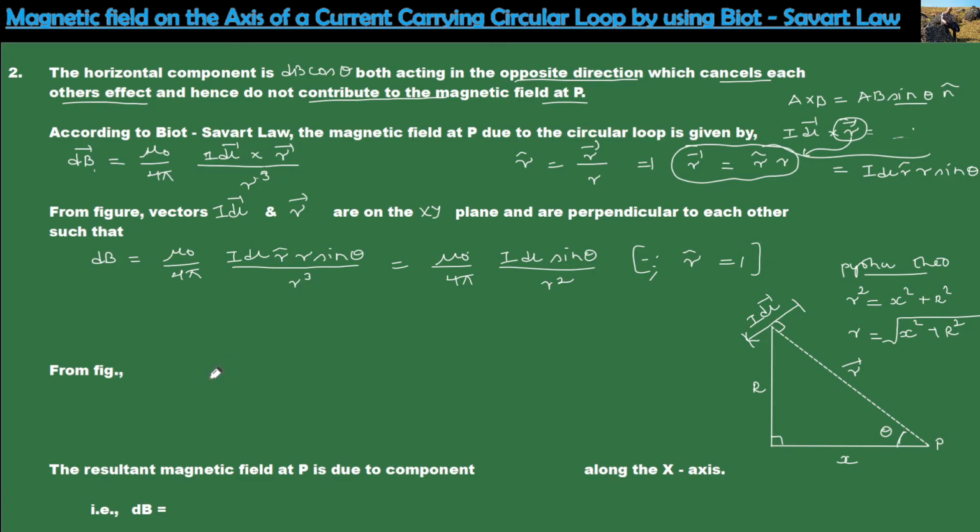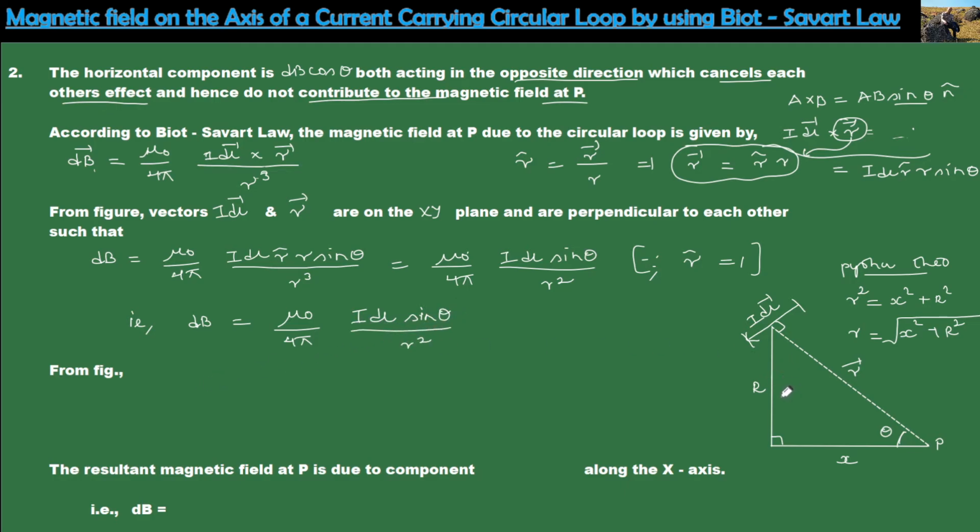So I can write in short, dB equals mu naught divided by 4 pi, I dl sine theta divided by r square.